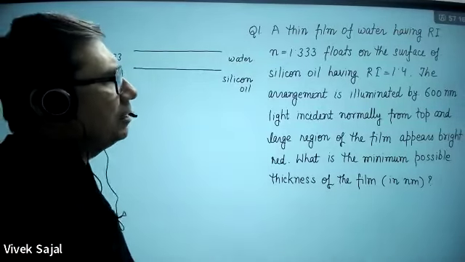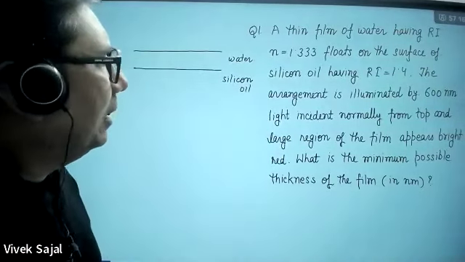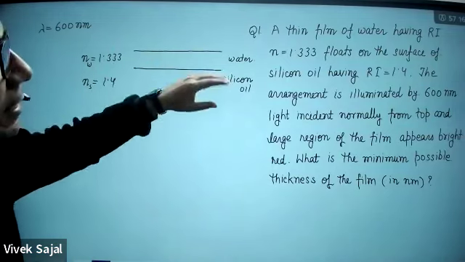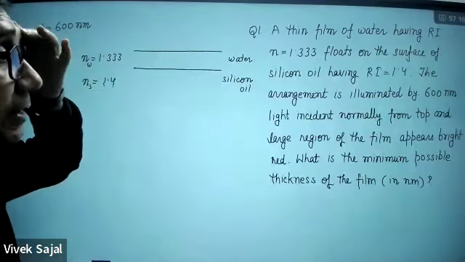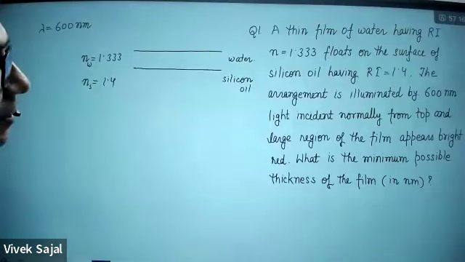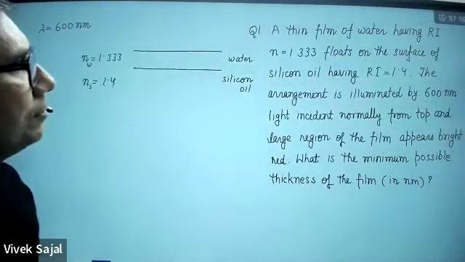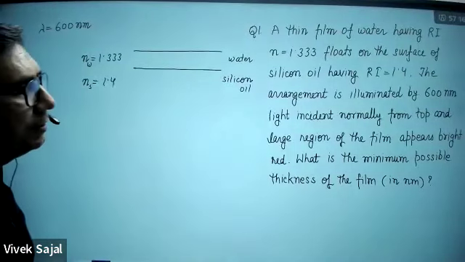Light incident normally from the top, and a large region of the film appears bright red. So they are saying that most of the region here is appearing bright red. What is the minimum possible thickness of the film? So you have to find out the minimum possible thickness of the film.